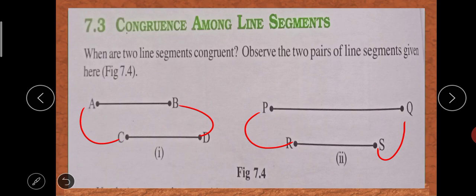That means they are not congruent. So what do you understand from here? If two line segments are congruent, that means they have the same length. So here AB and CD have the same length, but PQ and RS do not have the same length, so they are not congruent here.